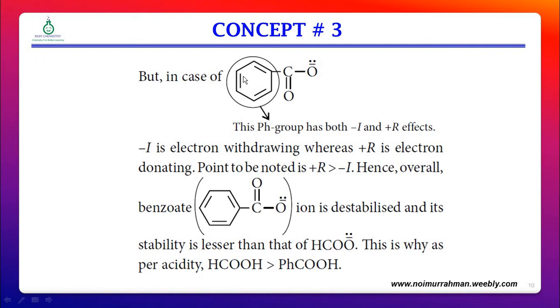Due to the +R effect of the phenyl group in benzoate, this phenyl group increases electron density over this oxygen. It enhances the electron density over oxygen, and hence it makes it more unstable. It destabilizes the molecule. So we can clearly explain the stability of the intermediate after deprotonation.